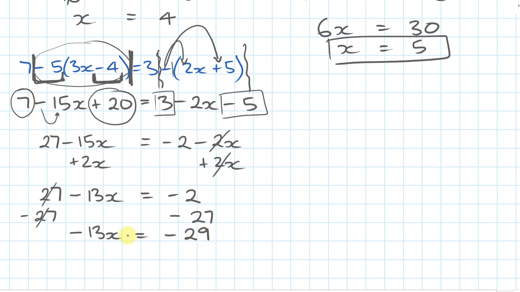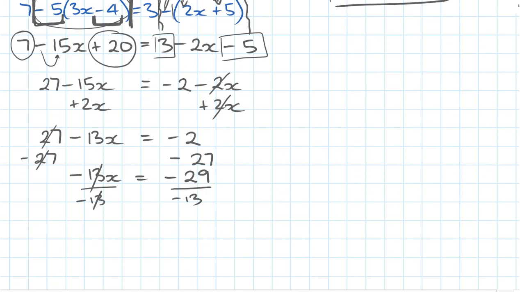And then all I need to do is divide both sides by negative 13. And I end up with x is equal to, negative divided by a negative will give me a positive number, 29/13. And that's as far as I can go with that one. I could write that as a mixed number, but I think I'll just leave it as an improper fraction. So that would be my final answer.